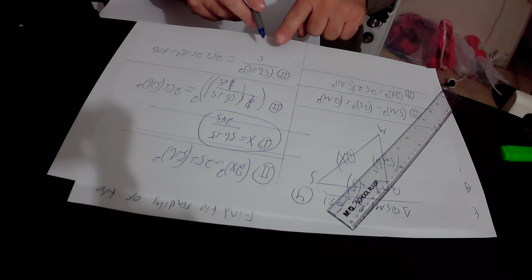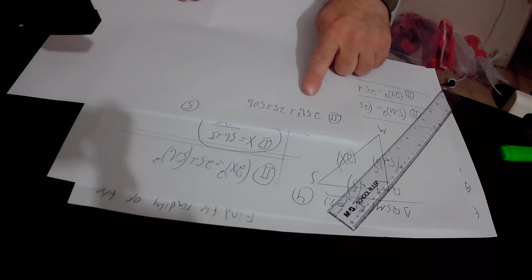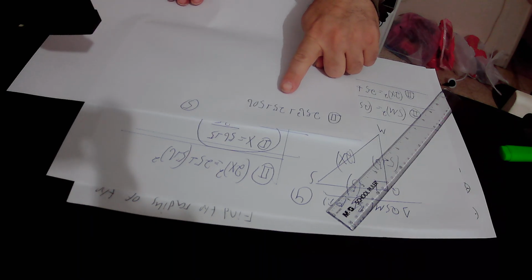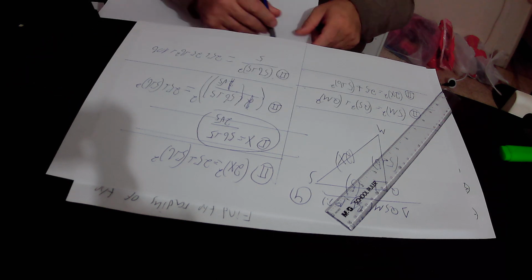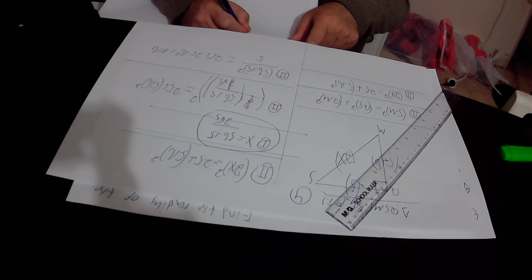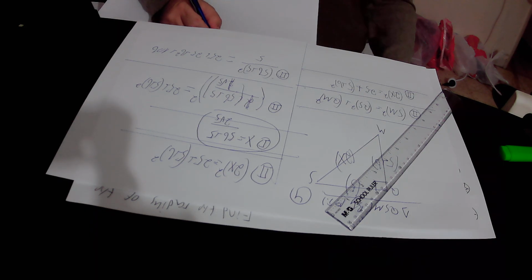So 5b plus 5 squared, in total, equals 25b squared plus 25 plus 50b, all divided by 5. It equals, on the other side of equation number 2, 25 plus 25, that is 50, plus b squared plus 10b.